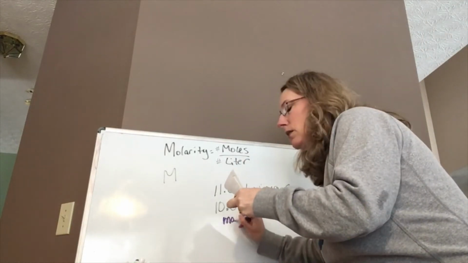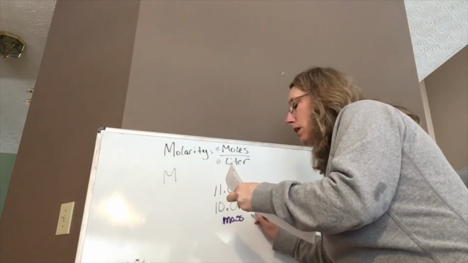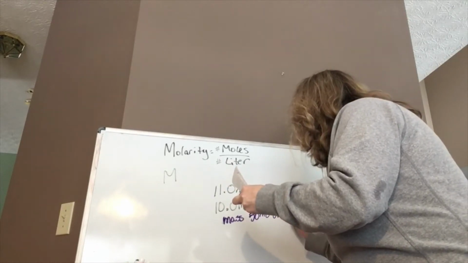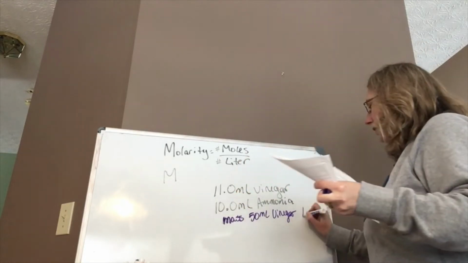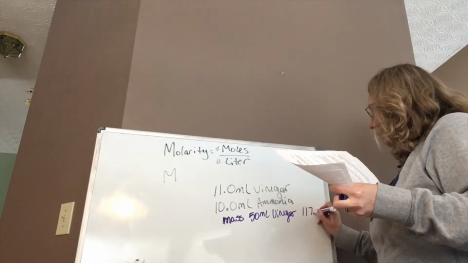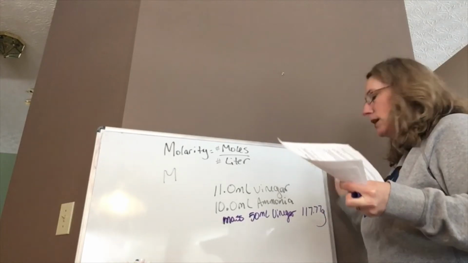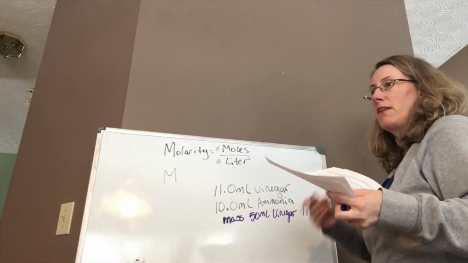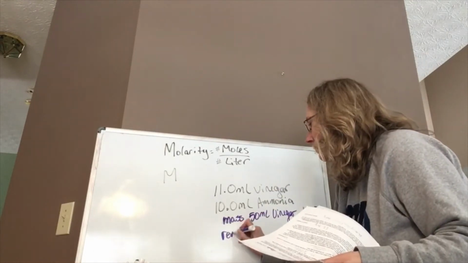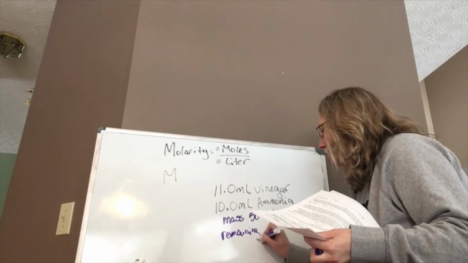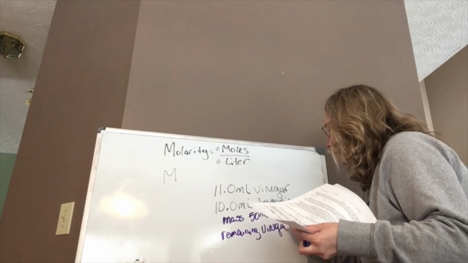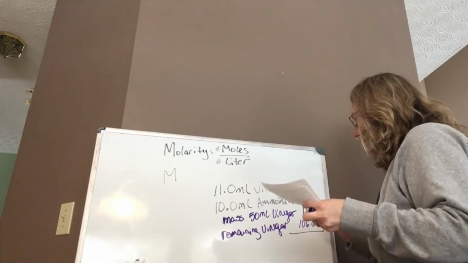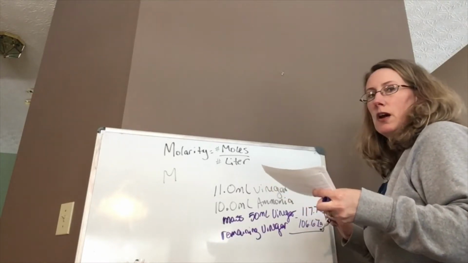This is mass of cylinder and 50 ml of vinegar, 117.77 grams. All right. And how about the mass of the cylinder and remaining vinegar after you dropped it out? So I'm going to say remaining vinegar. 106.67 grams.